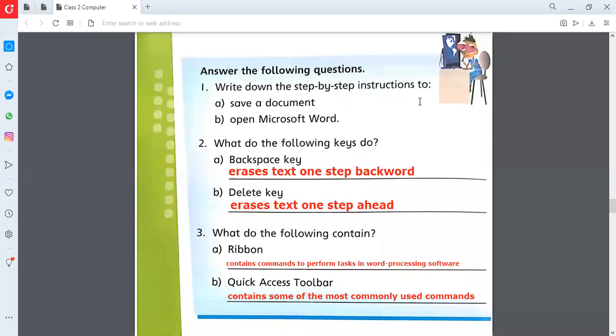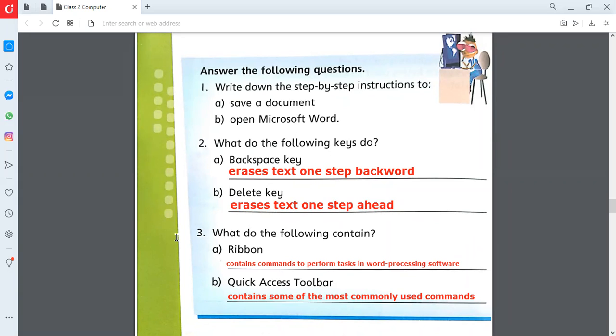There is a question number one. We will do that question in the next class, because question number one is basically done in the notebook. Right now we are doing questions 2 and 3, and then we will move toward the worksheet.